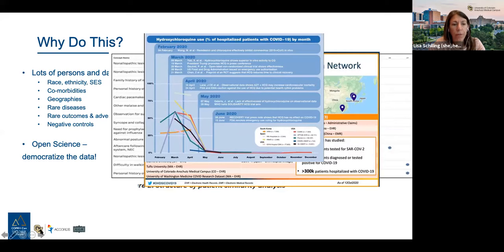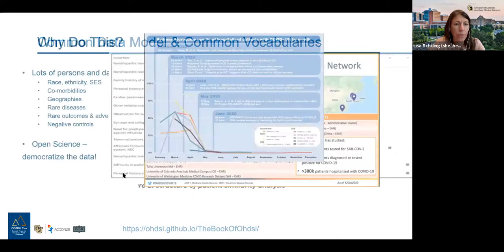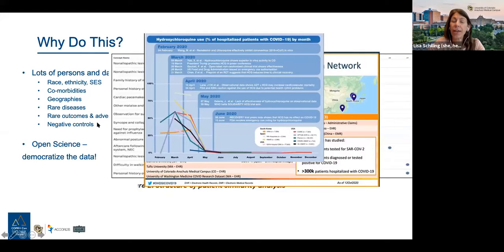Other real benefits of having all of this data is the availability to identify negative controls, and Dr. Bach spoke about some of the issues with patient matching. So the more patients you have and the more information you have about those patients, the better you can match for observational studies or pragmatic studies.